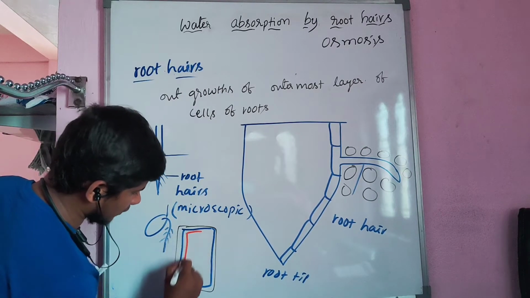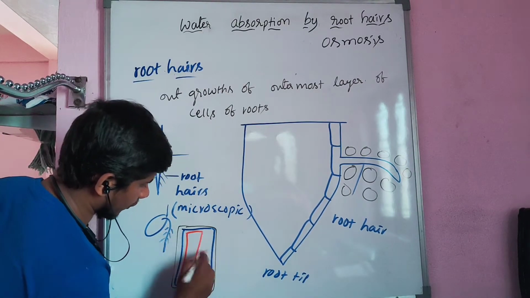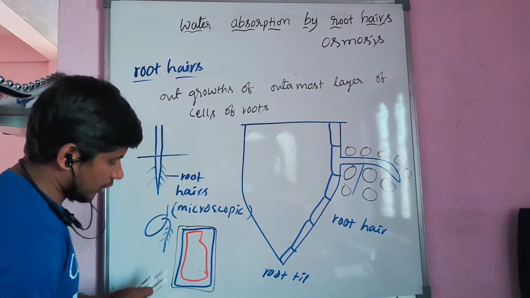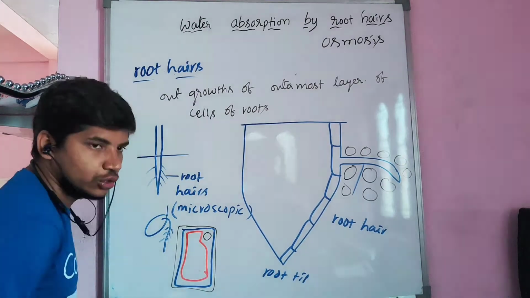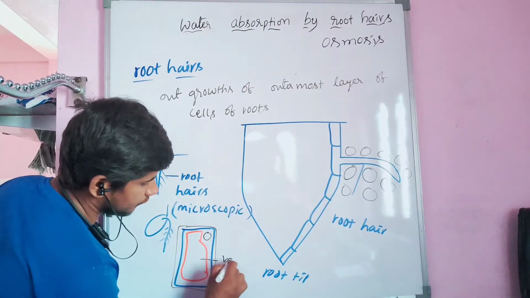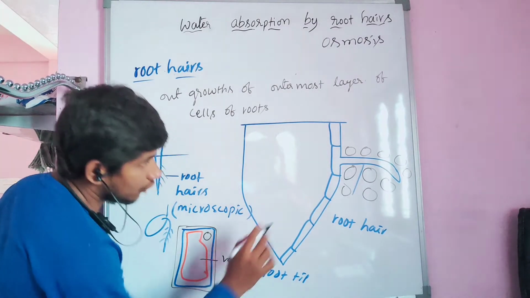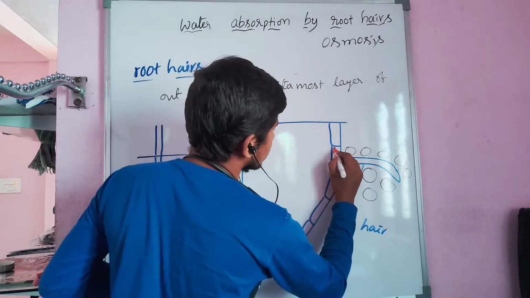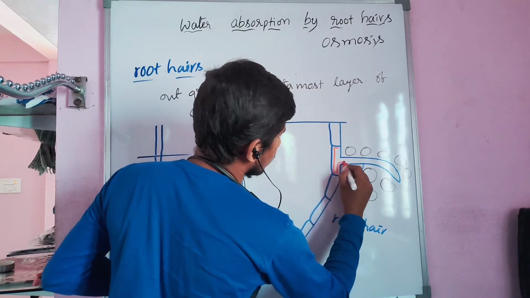In that plant cell, 90% of the space is occupied by a vacuole. So this is the vacuole and here the nucleus. Here also a vacuole is there in every cell because this is a plant cell.